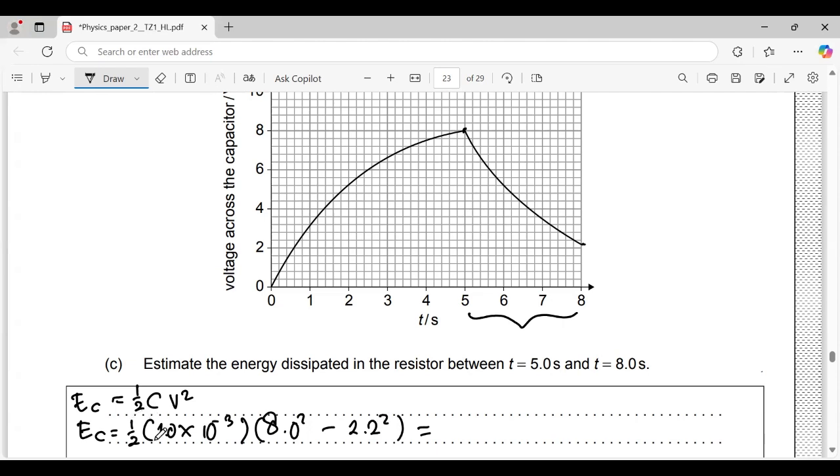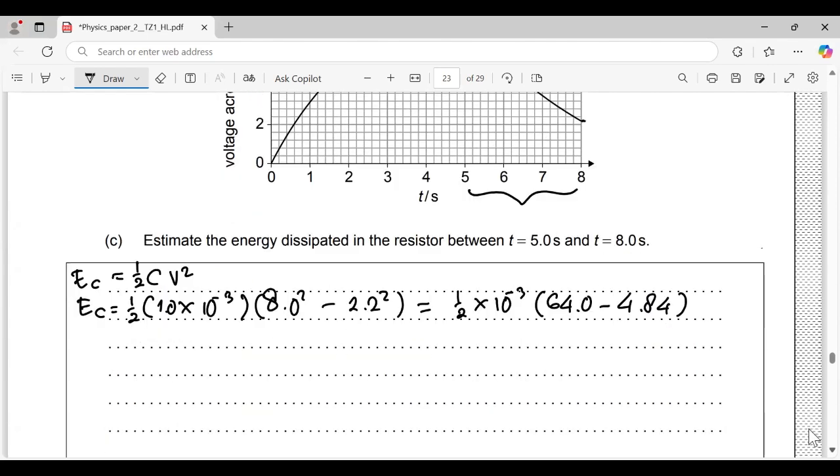And if you calculate half times 10 power minus 3 times 64.0 minus 2.2 times 2.2, which is 4.84, the result is 29.58 times 10 power minus 3.